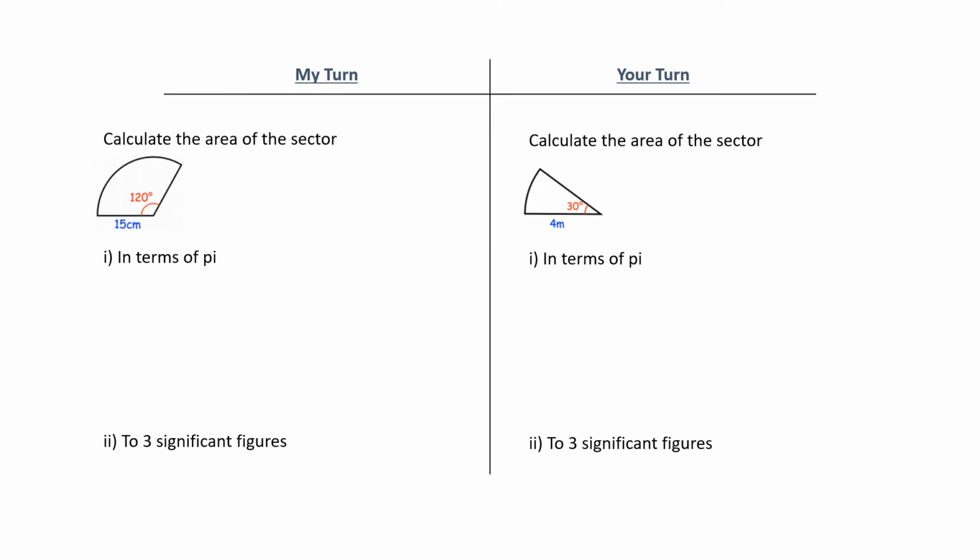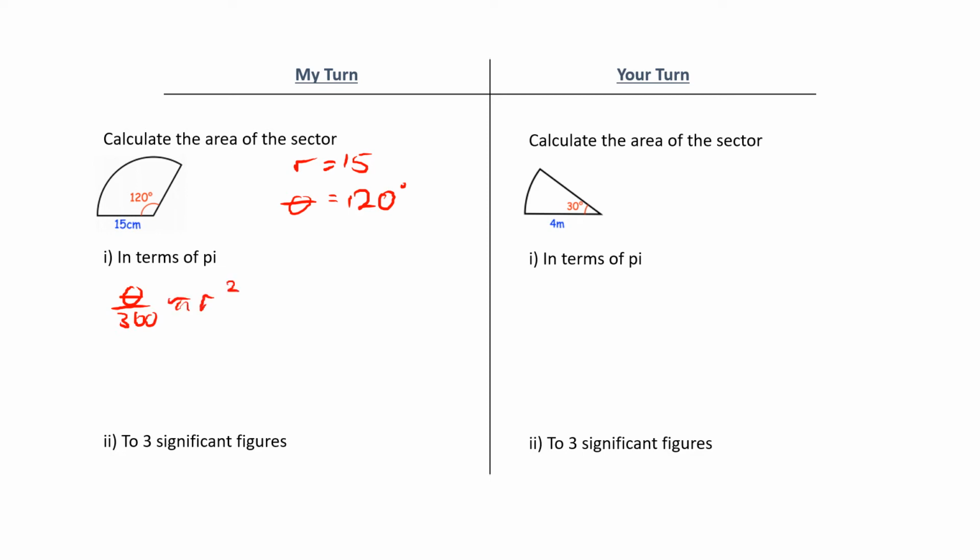Okay, so the next example, let's have a go at this one. This time it's not a right angle, so we've got our radius. Our radius is 15 and my theta this time is 120. So what we're going to do, start with our formula, theta divided by 360 times pi r squared.